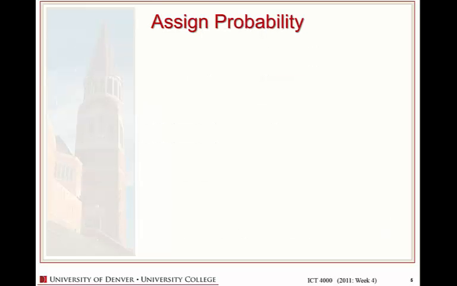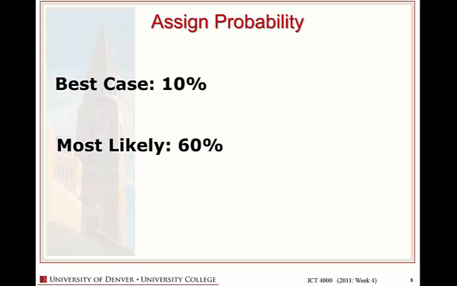For the sake of this exercise, I'm going to assume that the most likely probability is 60%. I'm going to assume the best case probability is 10%, and the worst case probability is 30%. And we'll walk through how you would do the calculations using some example numbers.